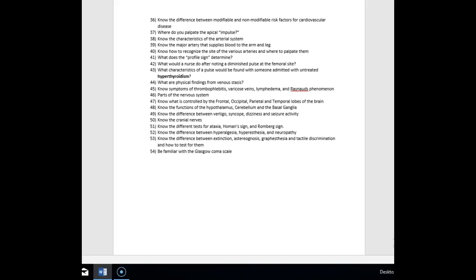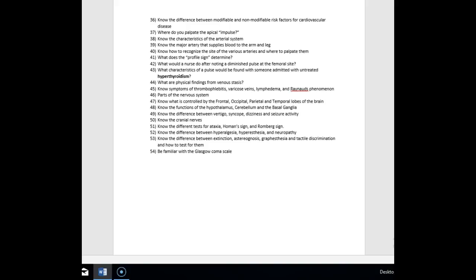Know the difference between vertigo, syncope, dizziness, and seizure. Vertigo is when a person feels like they're spinning, and it's due to some type of neurological dysfunction or a problem with the vestibular apparatus, which is basically the balance. Then, let me see, what's the other one? Syncope. Syncope is a sudden loss of strength or a temporary loss of consciousness.